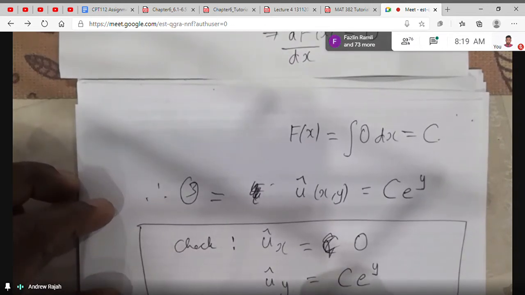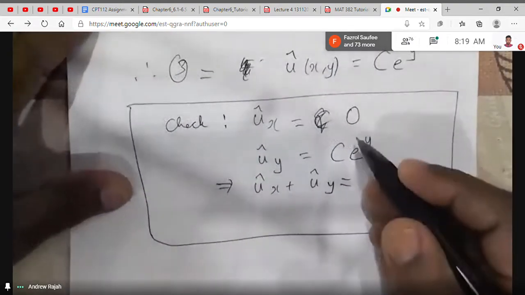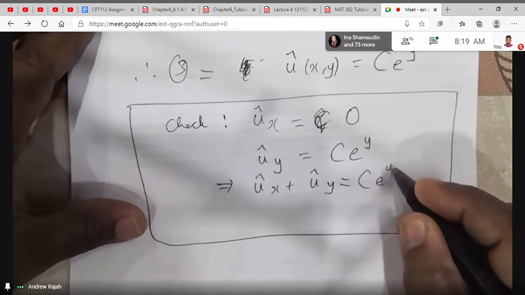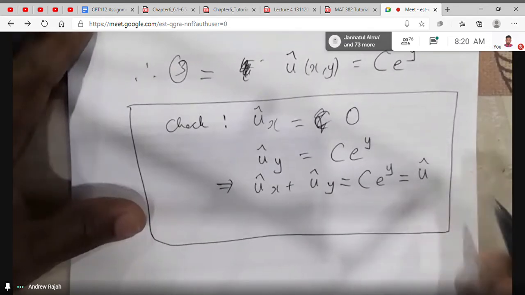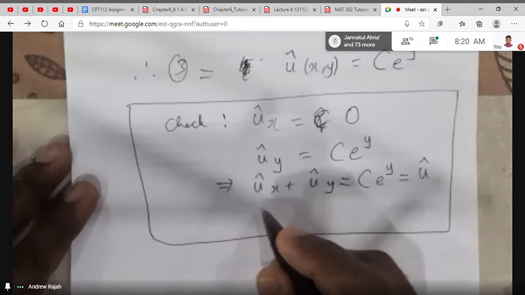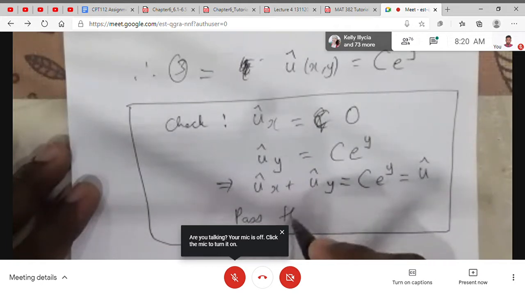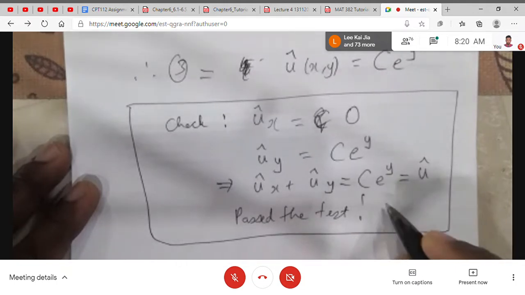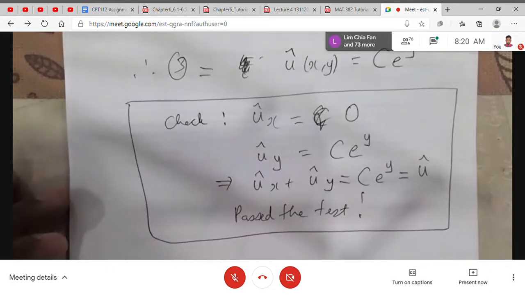You had x plus you had y equals to 0 plus c e. Okay? Pass the test lah. So it's not necessary. I just want to show you it is correct lah.